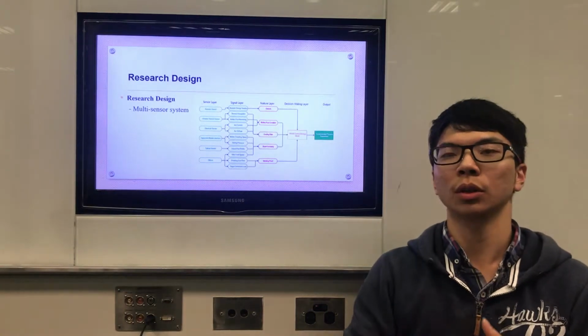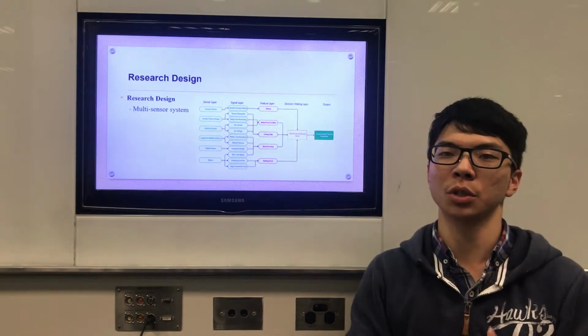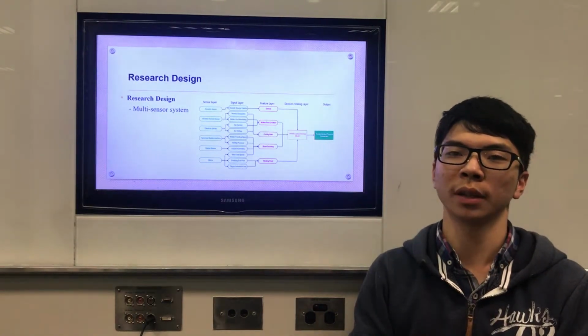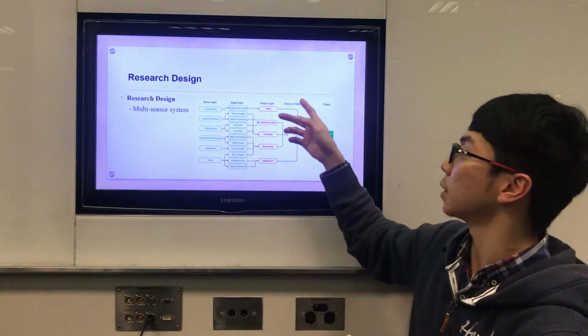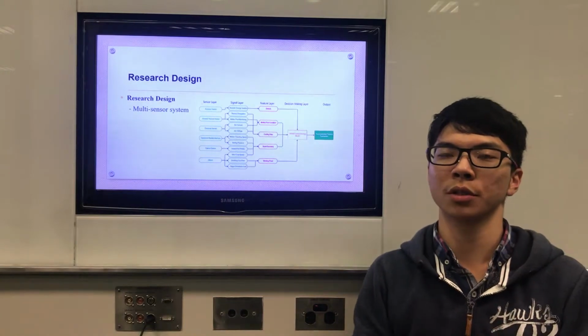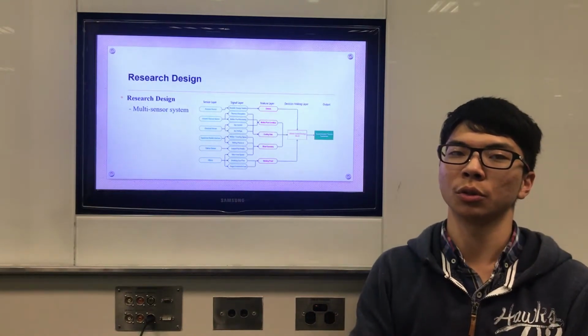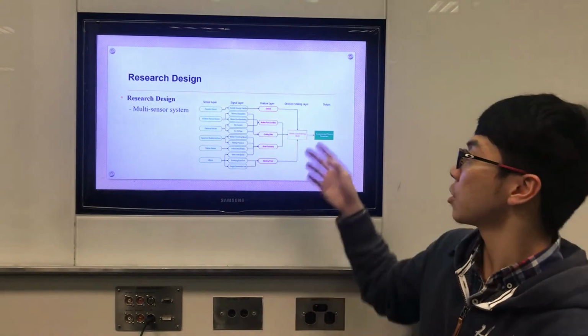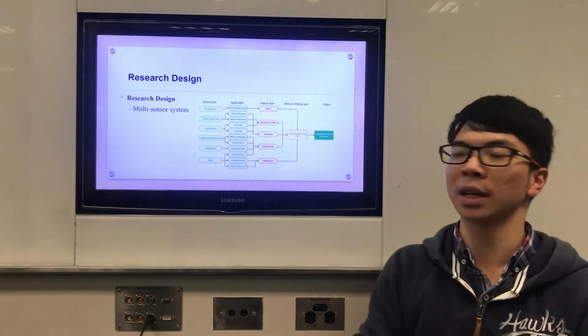After all the parameters are obtained from the previous welding, the computer in the decision-making layer will optimize these parameters and use them for the next welding. So the output layer means the next welding.